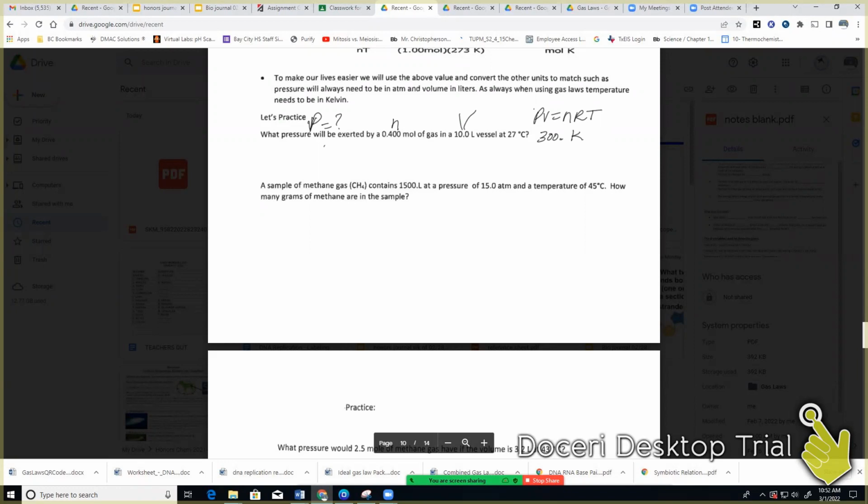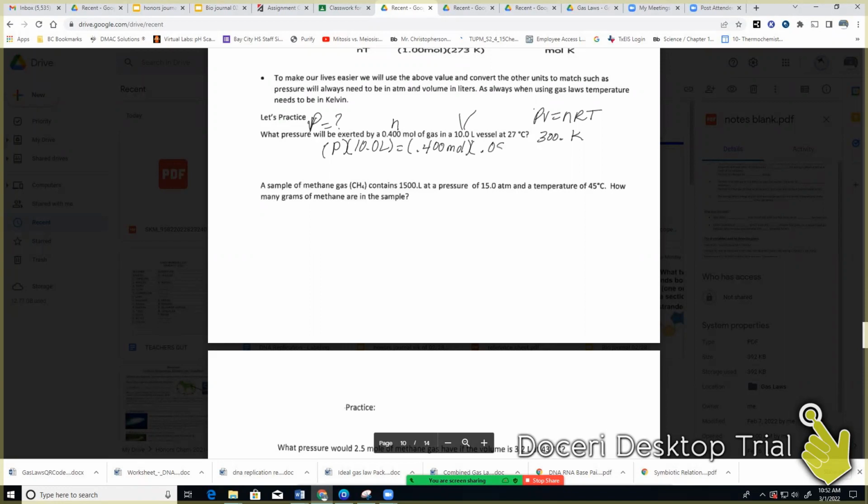So P is my pressure. That's my unknown. V is my volume in liters, so that's my 10 liters. That's going to be equal to my n, which is my 0.400 moles. We said if pressure is unknown, we use our most common one as far as our R goes.